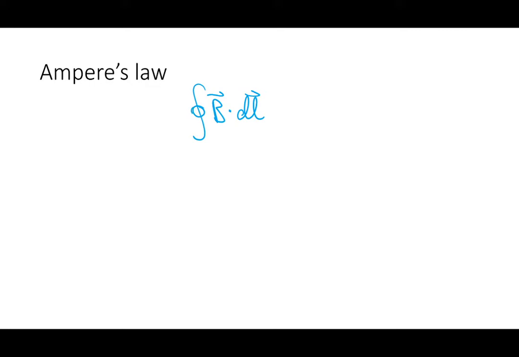And we still have this symbol to remind us we're using a closed loop, and it's related to the current enclosed by this constant mu naught. That's where the definition of mu naught comes from in Ampere's law. The Biot-Savart law uses this same constant, so we have to divide by the 4 pi.